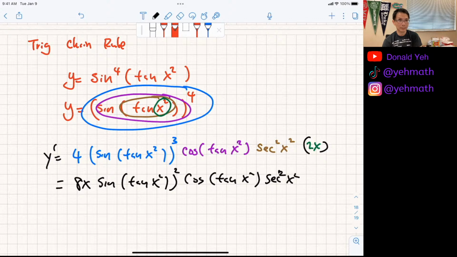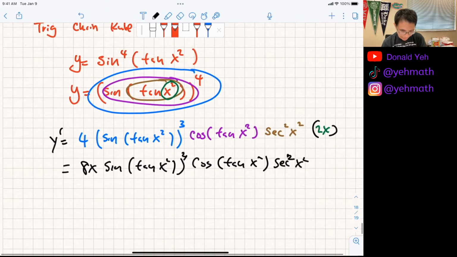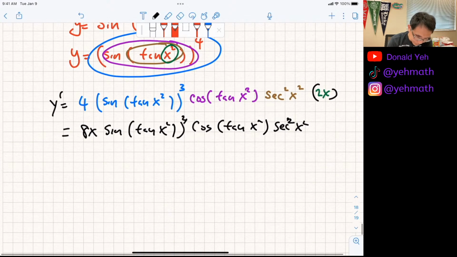Wait, why did they go from the power of 3 to the power of 2? You're right, it's a third. Why is it secant squared of x squared?